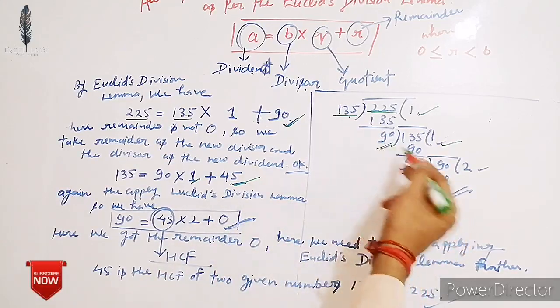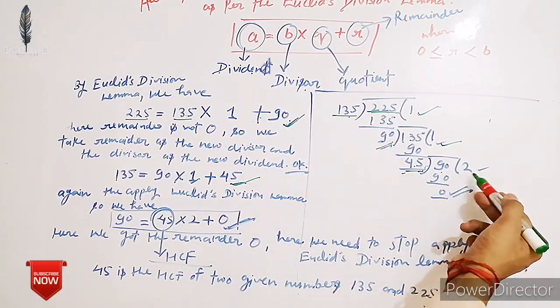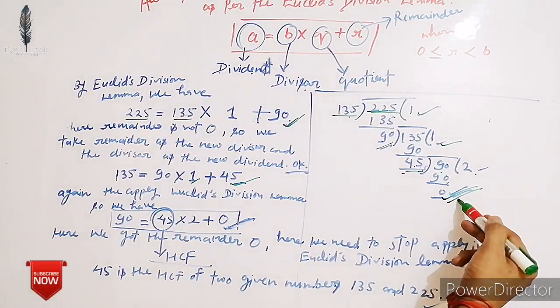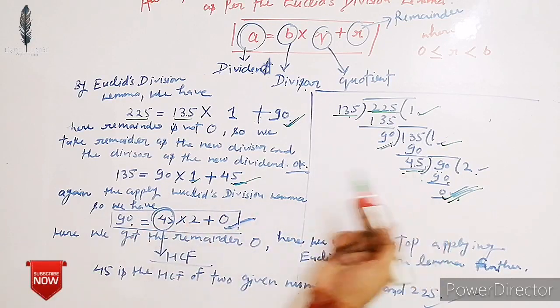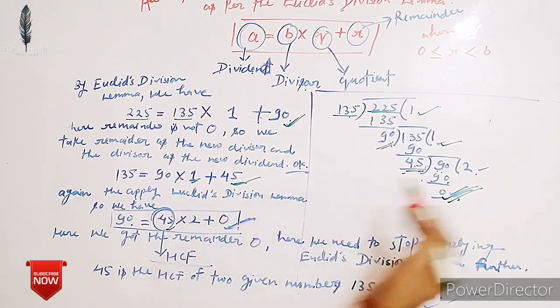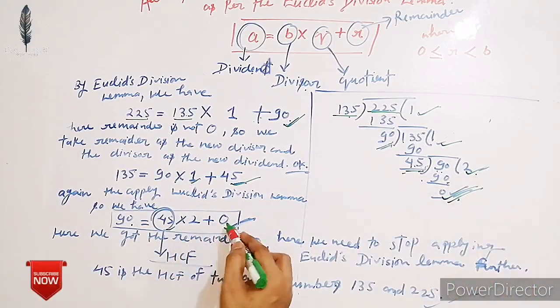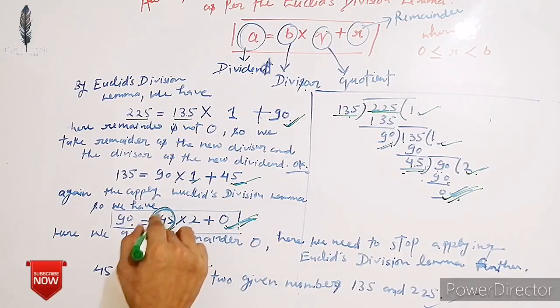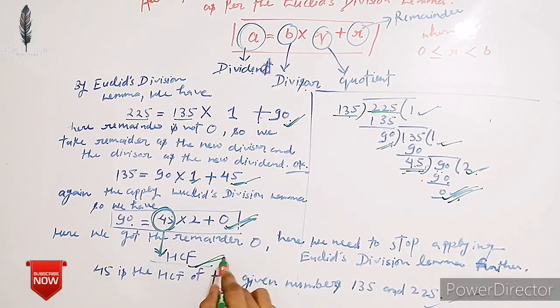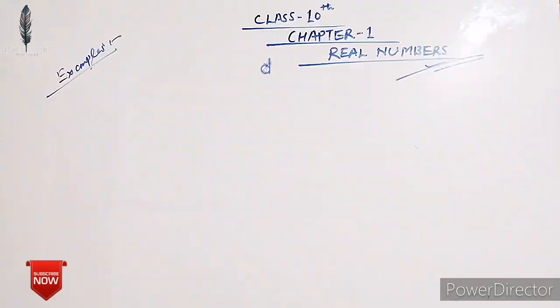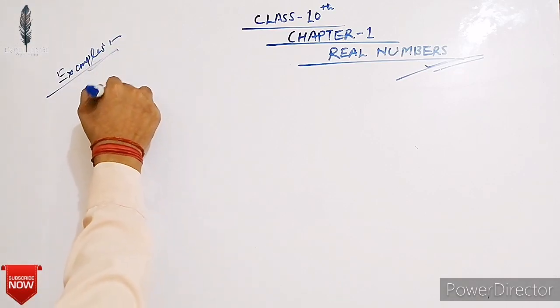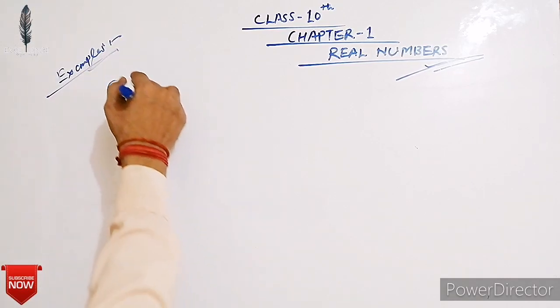Again we apply Euclid's division lemma. So 90 is equal to 45 into quotient 2 plus remainder 0. So we got the remainder 0, and the required HCF is 45. Okay, clear? Now, question number 2.